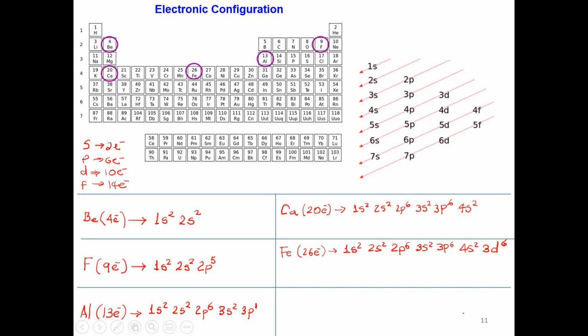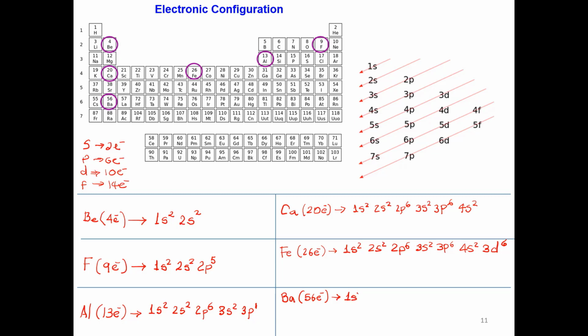Now let's write for barium. Barium has 56 electrons. Then let's start from here, from the innermost orbital. Then will be 1s2, because this orbital holds a maximum of 2 electrons.